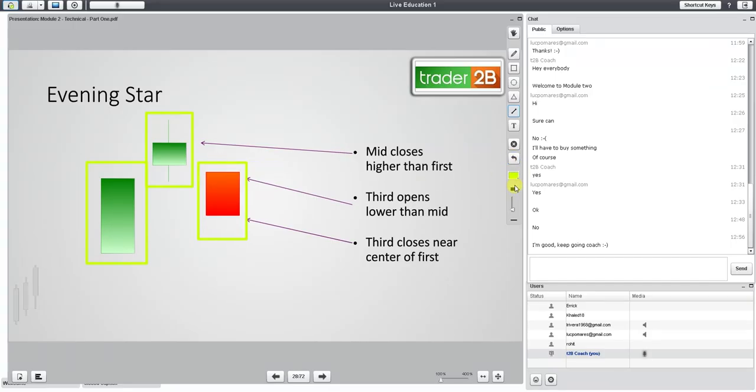Sorry, let me redo that. In this particular area here, the closing price of the second candle has to align with the opening price of the third candle. And the body of the third candle can be within the range of the green candle for it to be a nice little evening star.